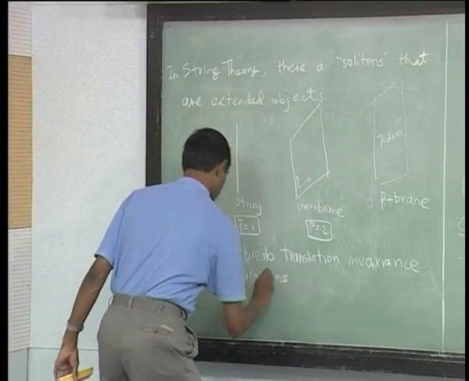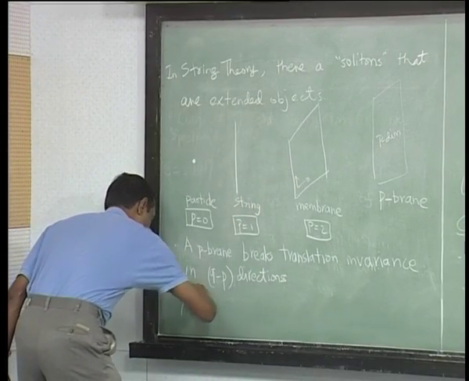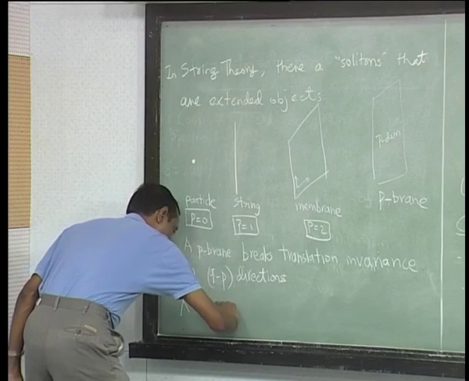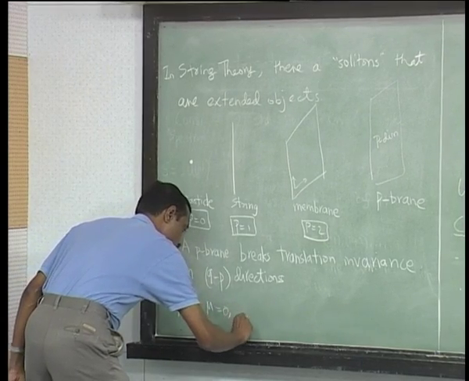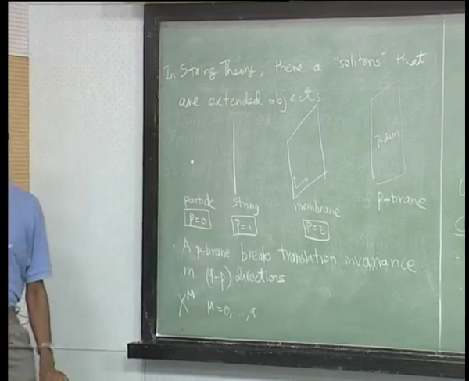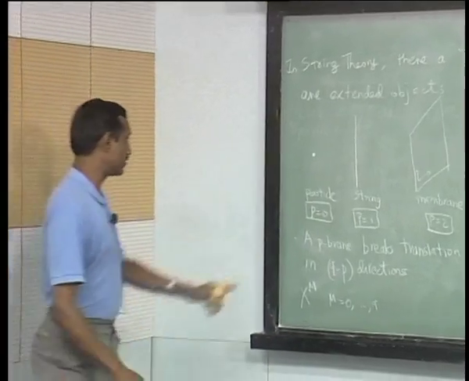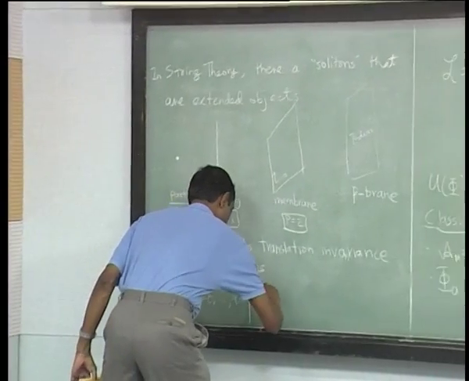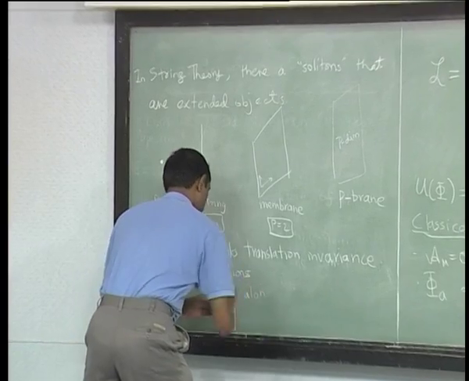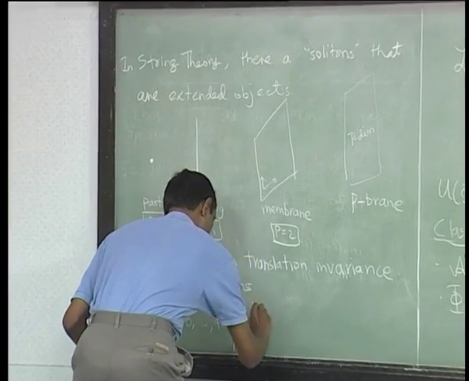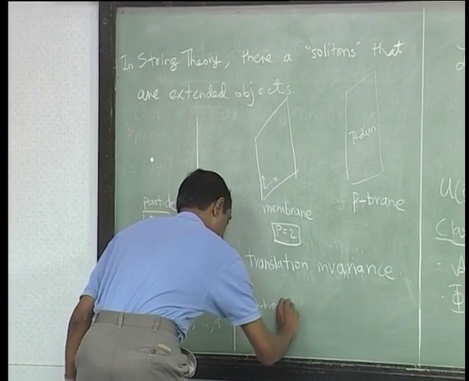Okay. In other words, let us say that we are in 10 dimensional space x m, where m goes from 0 to 9, and let us assume that this p brane is specified.